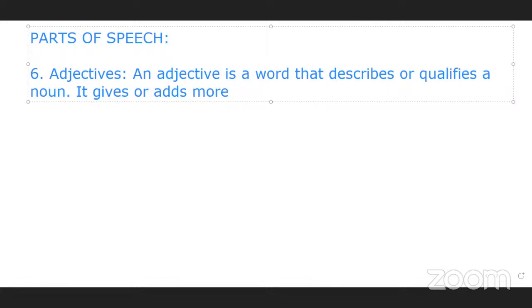Kofi is a small boy. A small boy. So it gives or adds more meaning to the noun or pronouns, because we said a pronoun replaces a noun. So whenever there is a pronoun replacing a noun, yes.